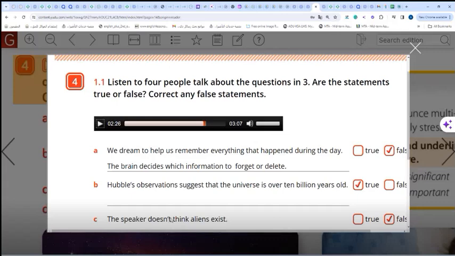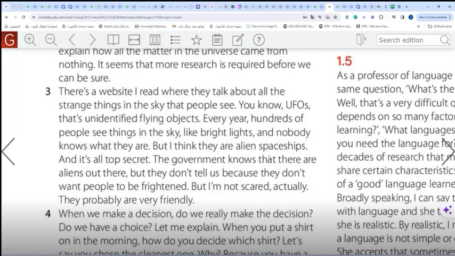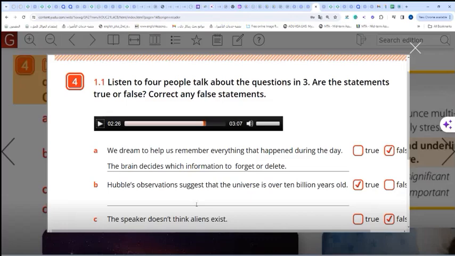The speaker thinks that bright lights in the sky are alien spaceships. Yes, right. So dear students, that's it. So what about number D?